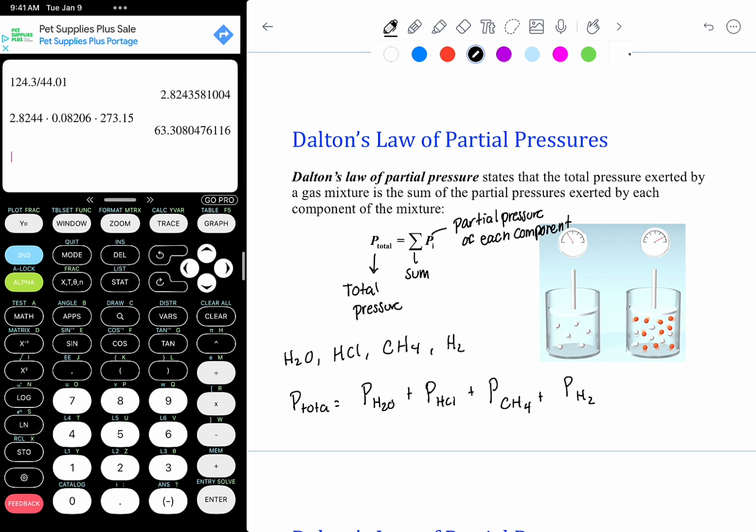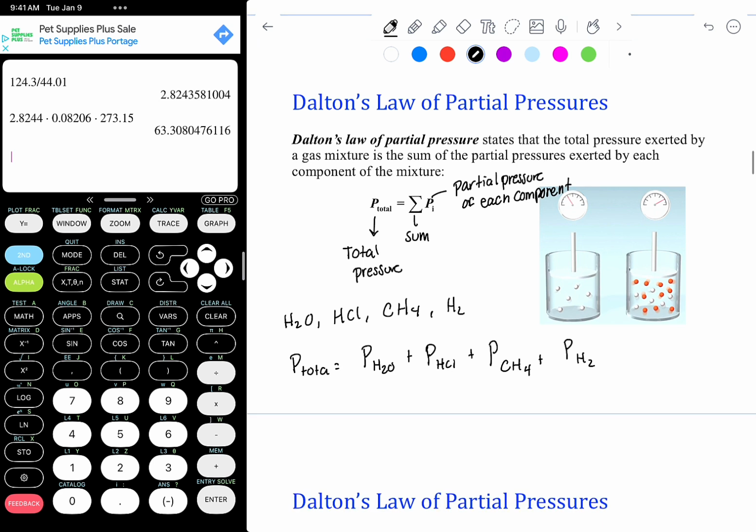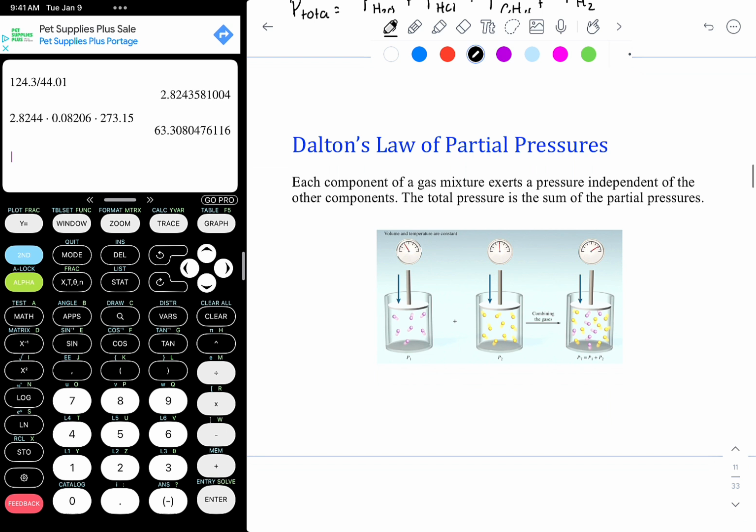If I were to add more gas to that container, then I would increase the total pressure because its partial pressure would add to that sum overall. So, to reiterate, each component of a gas mixture exerts a pressure independent of the other components.